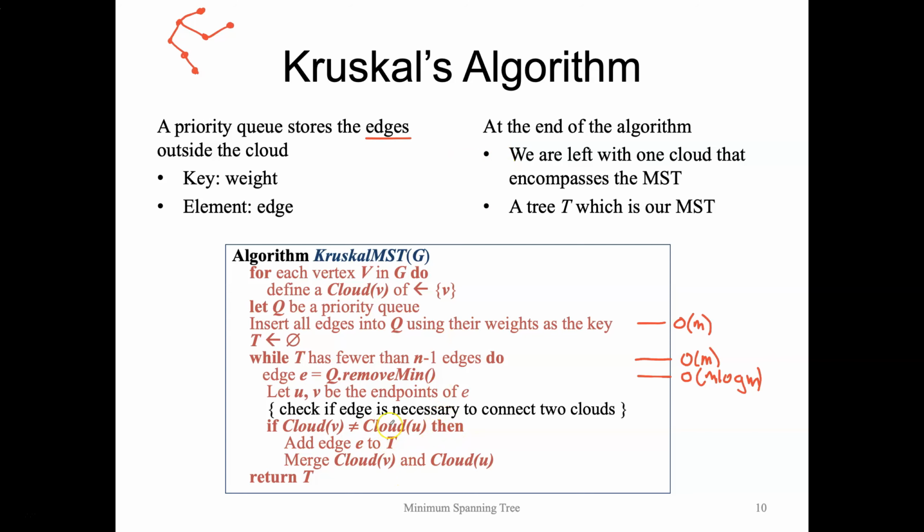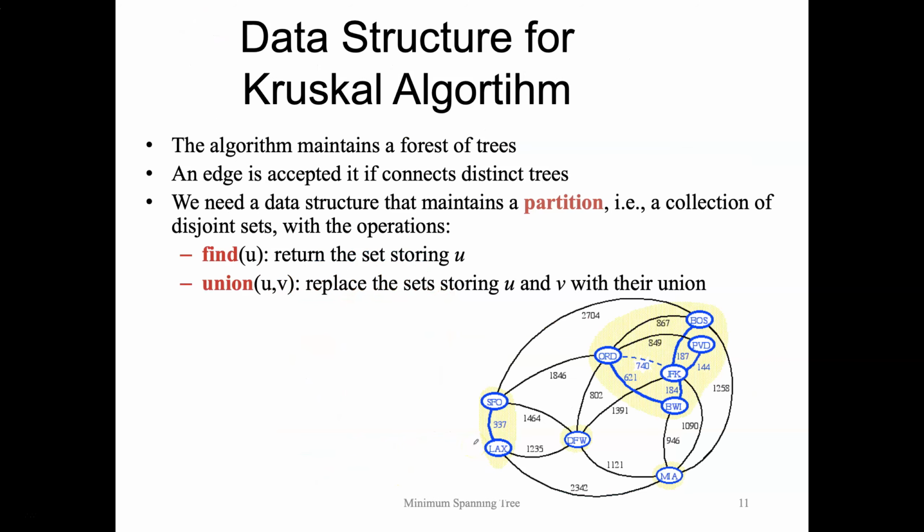Okay, so how do we implement these different clouds? Well, essentially what we're maintaining is a forest of trees. So each cloud represents a minimum spanning tree that we're constructing of the vertices belonging to that cloud. And we only want to accept a given edge if it connects distinct trees, if it belongs to different clouds.